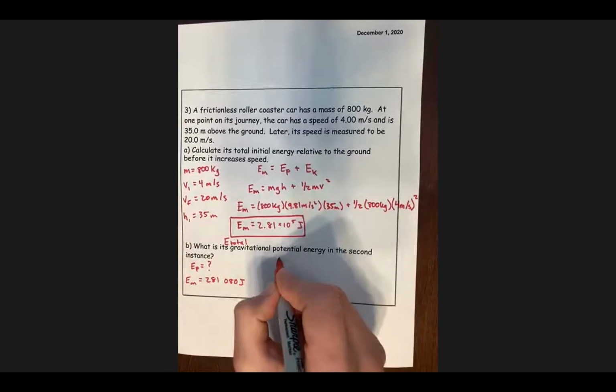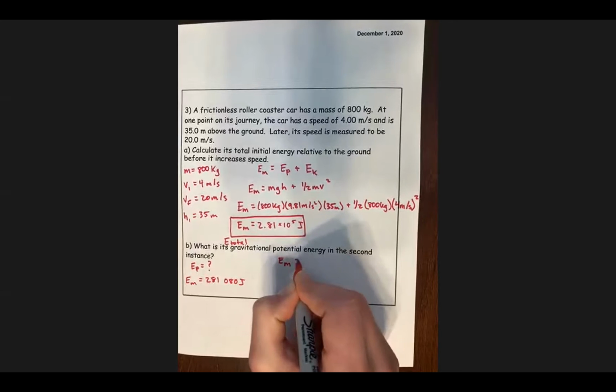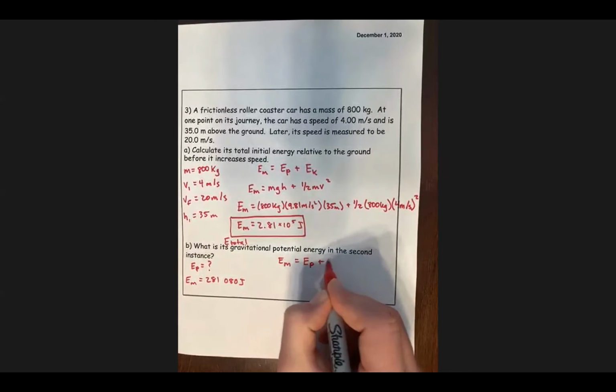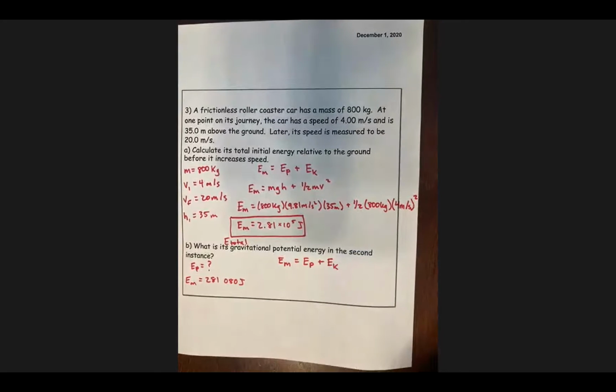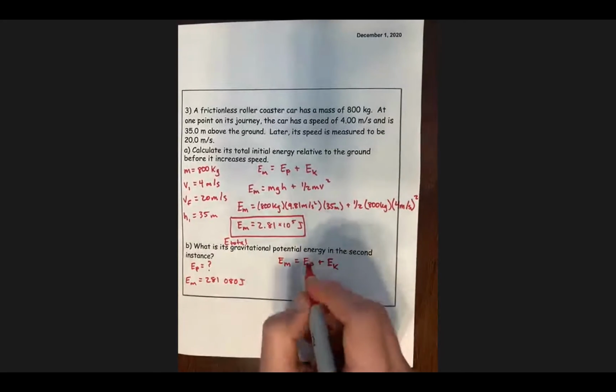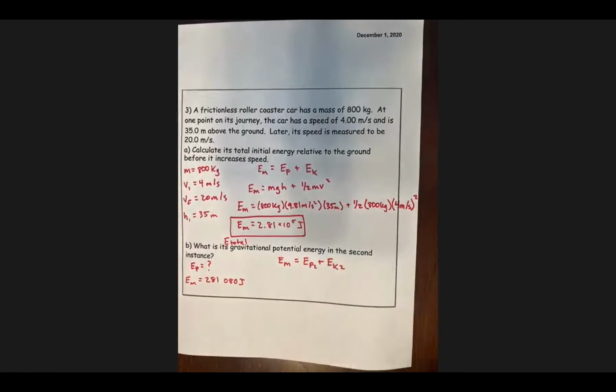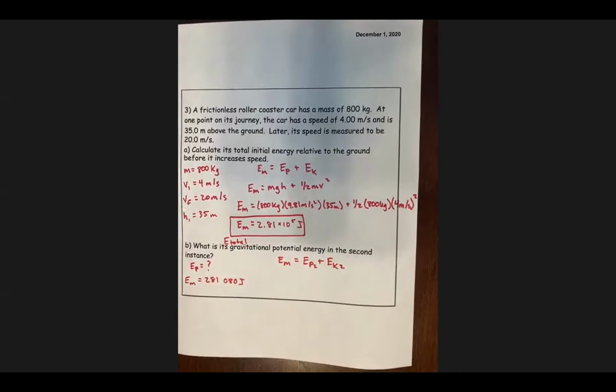And remember, mechanical energy or total energy is equal to the potential energy plus the kinetic energy. And in this case, we're looking at the second point. So I'm just going to put little 2 subscripts there, just so I'm being neat with my calculations.